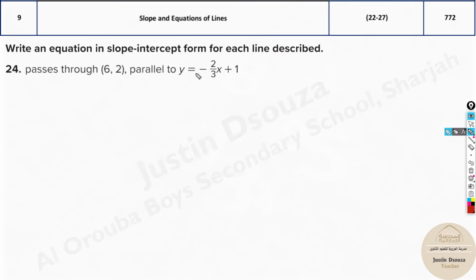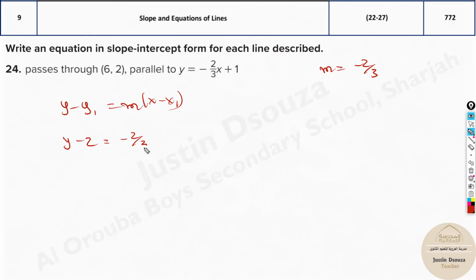Now here it's a parallel line, so I'll solve it. The slope is negative 2/3. Now let's solve it. Here y minus y1 equals m into x minus x1. So y minus 2 will be equal to the same slope because it's parallel, negative 2/3 of x minus 6.